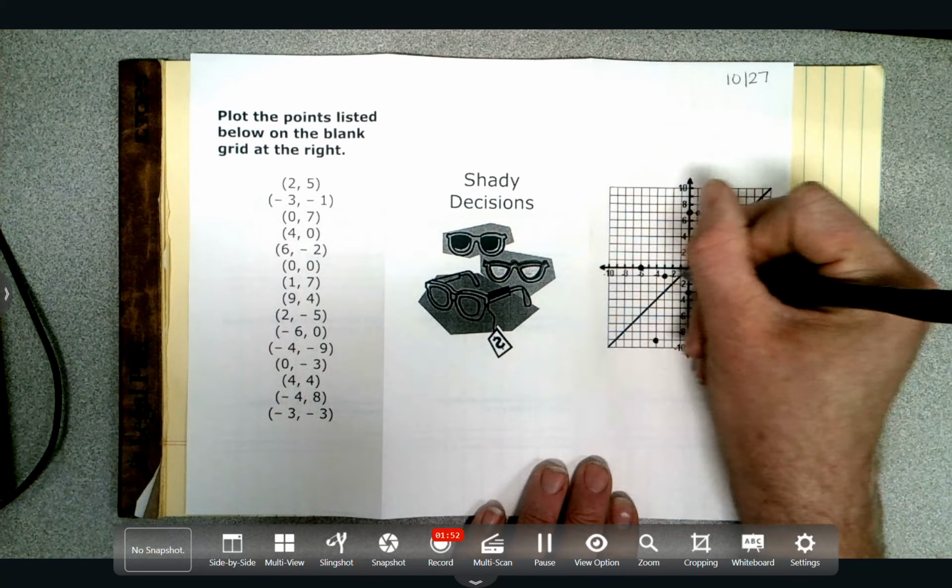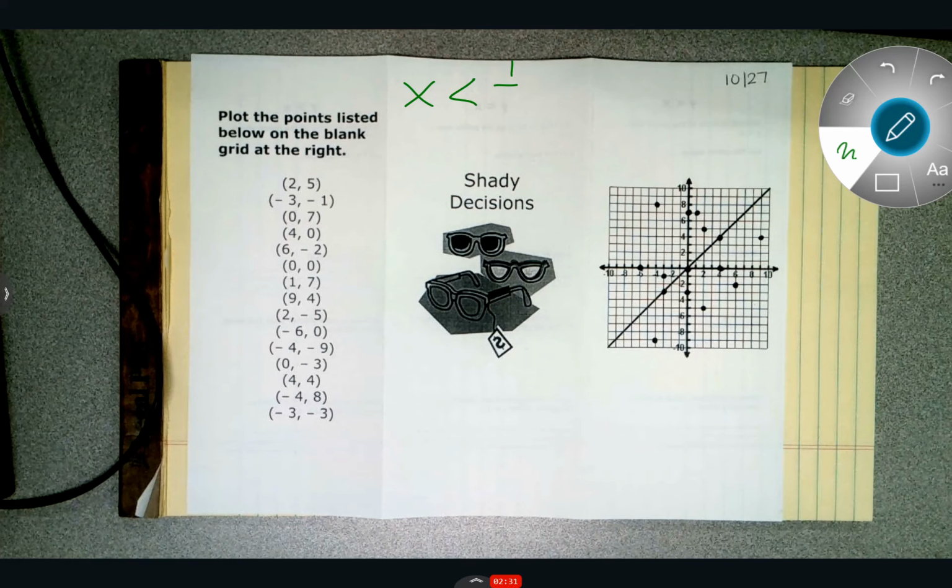Real quick, I just want to talk about how two variable inequalities will be a little bit different than one variable inequalities. So if we look at a one variable inequality like we had on the warm-up, x is less than 1/8.